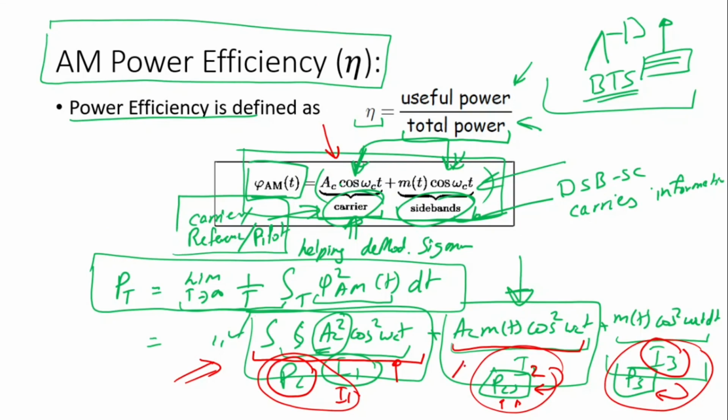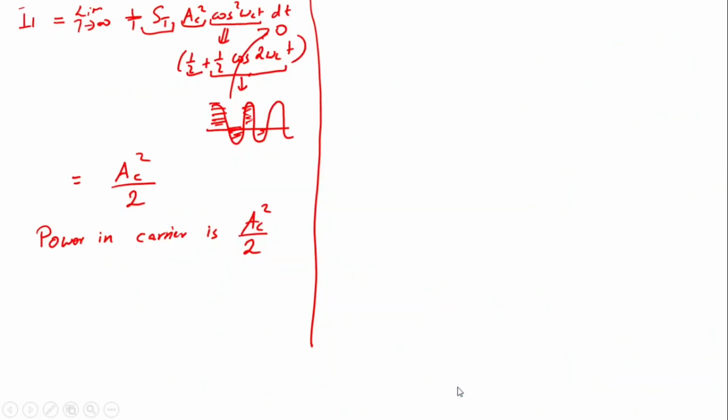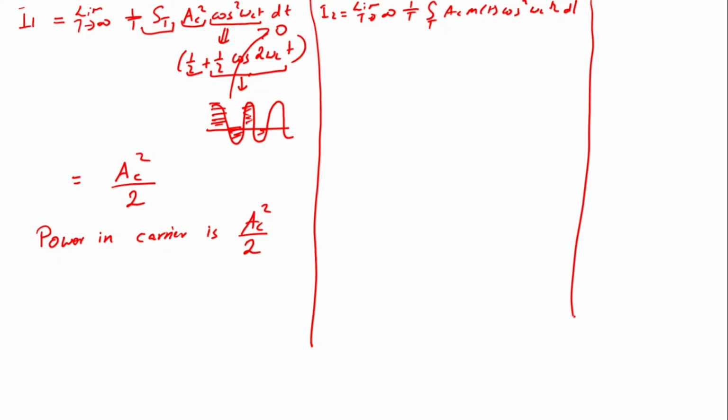Now let us talk about the second term, I2, where we have Ac m of t cos square omega ct dt, and again this cos square is 1 by 2 plus 1 by 2 cos 2 omega ct.